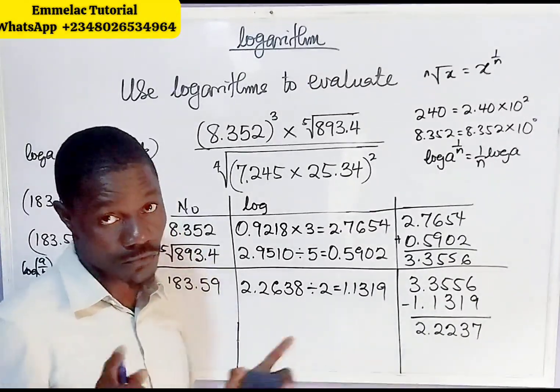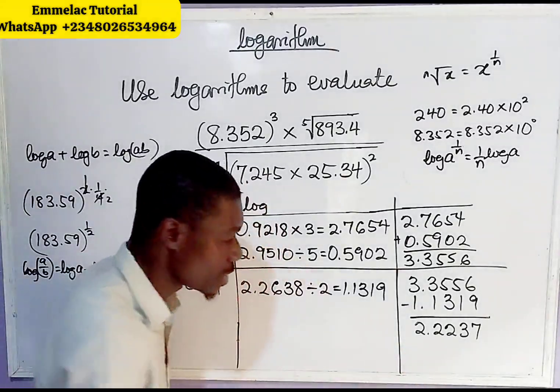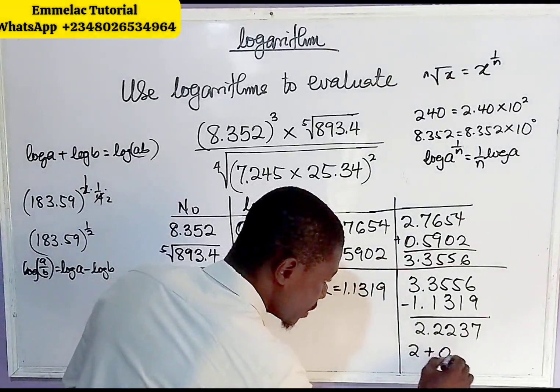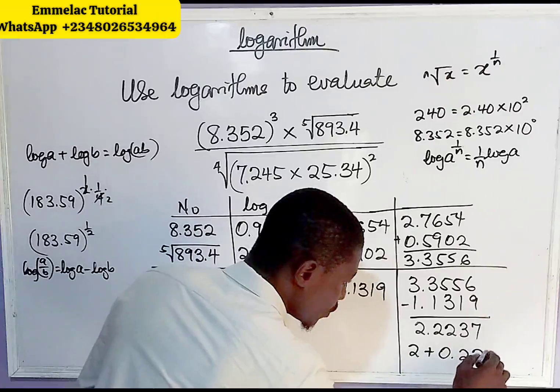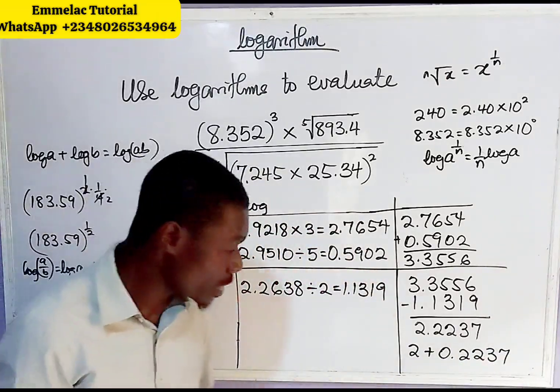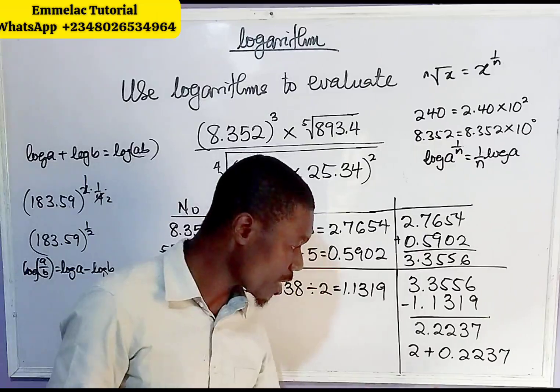For us to find the antilogarithm of this number, first of all, that's something you need to consider. Now this can be written as 2 plus 0.2237. Okay, all right. This is just for us to understand better.